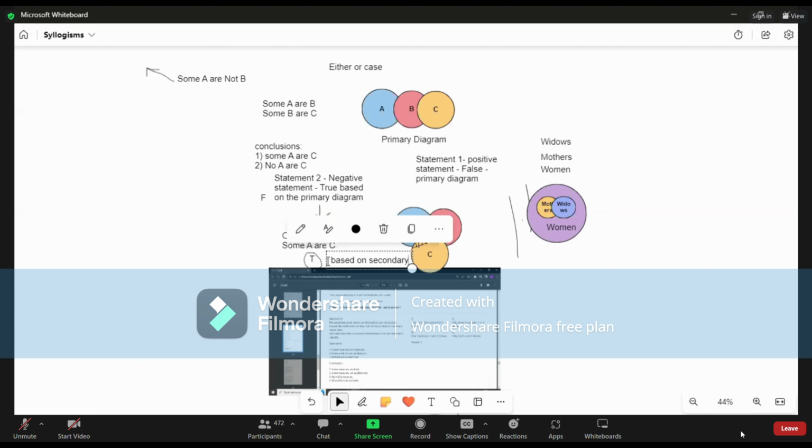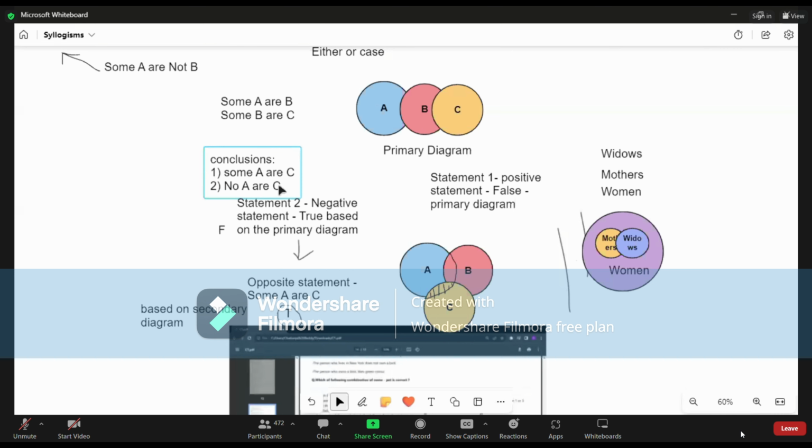If the opposite statement or the contradictory statement becomes true in any case, the negative, no ARC, should be false. Since some and no are opposite terms, if this is true, this has to be false. Now what do we get? This is false and this is also false. Now check the statements. The first statement is some ARC. The second statement is no ARC.